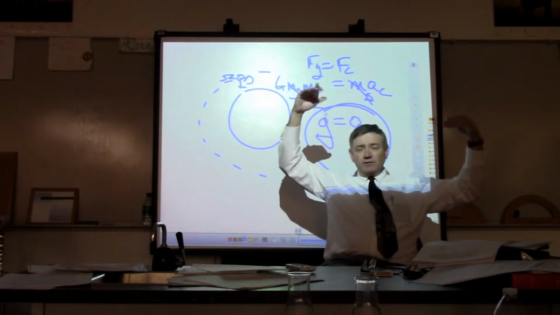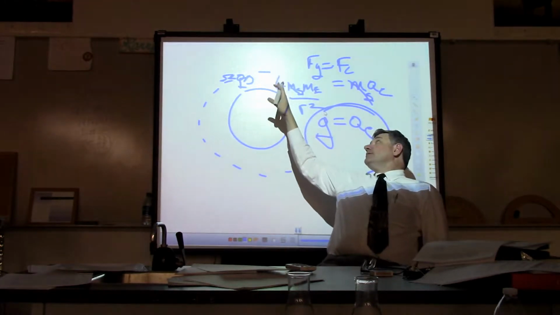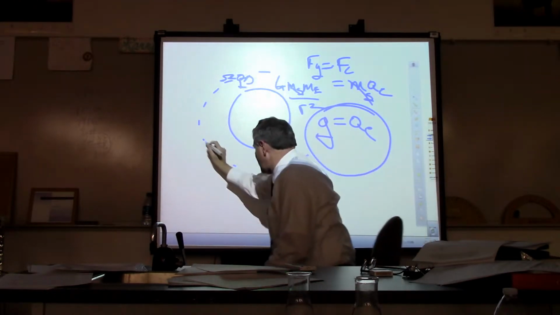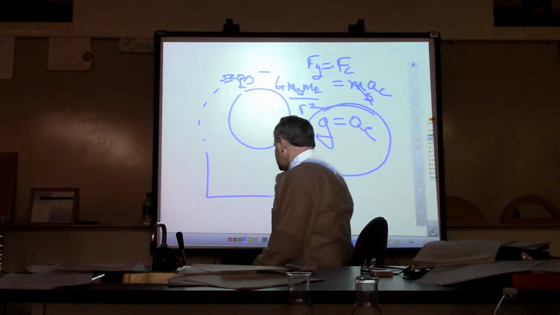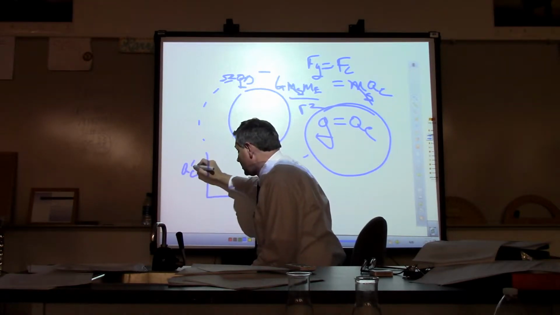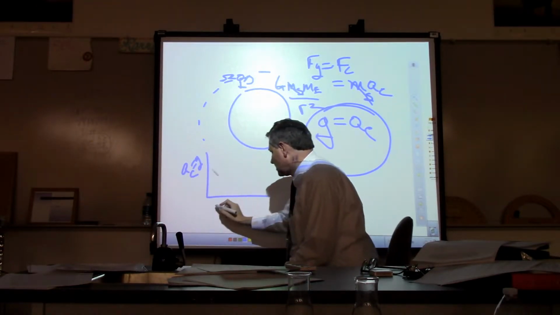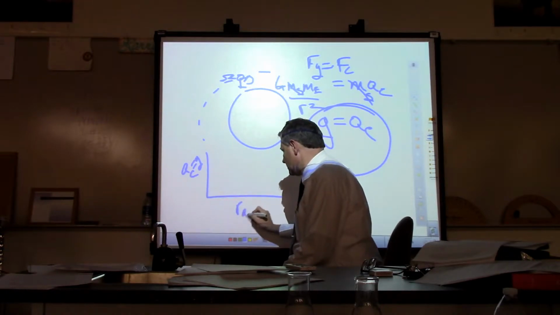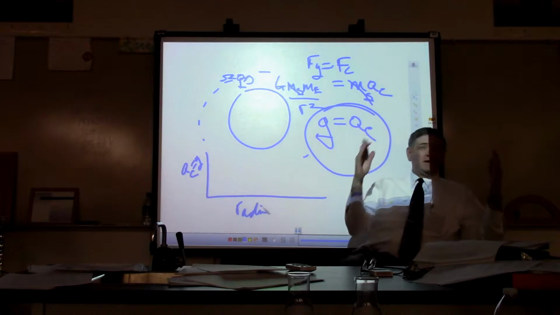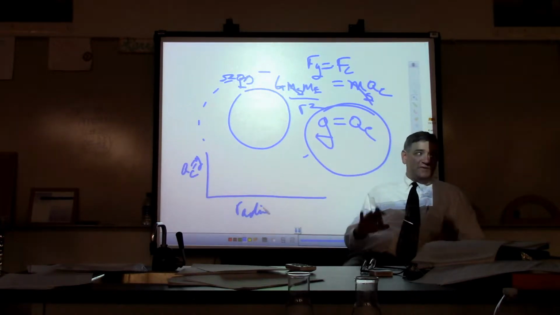So as you go higher and higher into orbit, the g is going to get smaller and smaller. If you were to draw a graph of the value of your centripetal acceleration, which is the same thing as g, versus radius, what's the minimum radius you have to even think about?